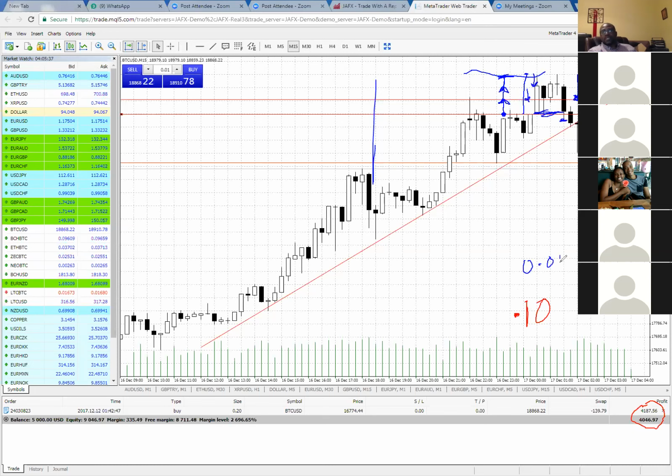Now, if you had a 0.01 on as opposed to a 0.1, yes, your profits will be less, but there's more control. Because as you go up, and this chart reverses, yes, this is your entry right here. Well, actually, let me not say that. I'm sorry.